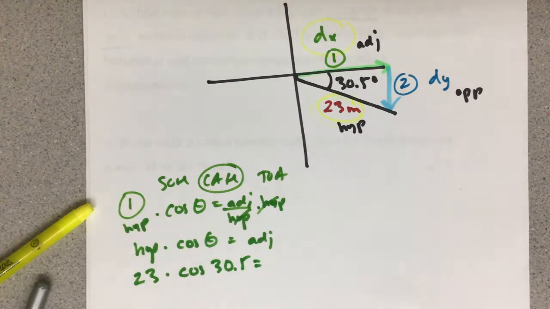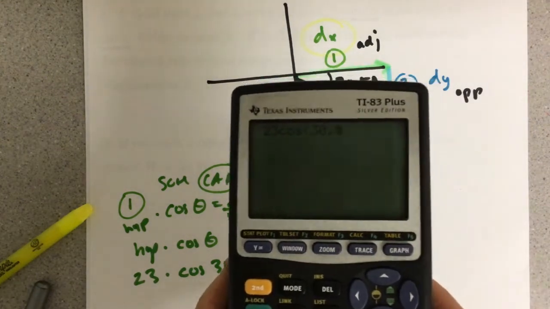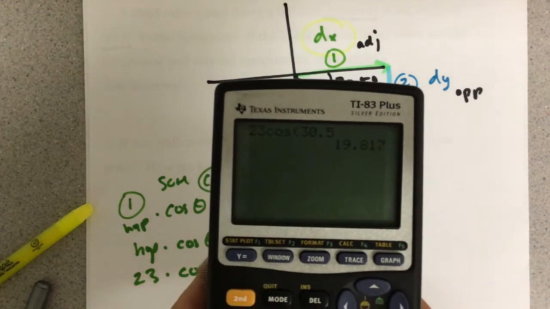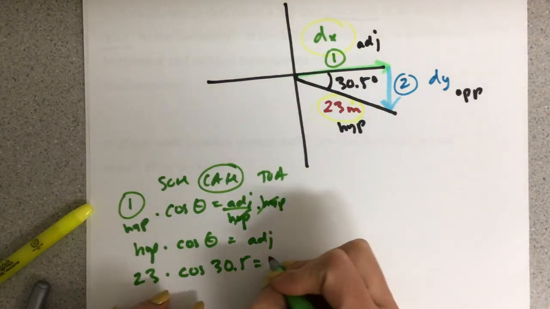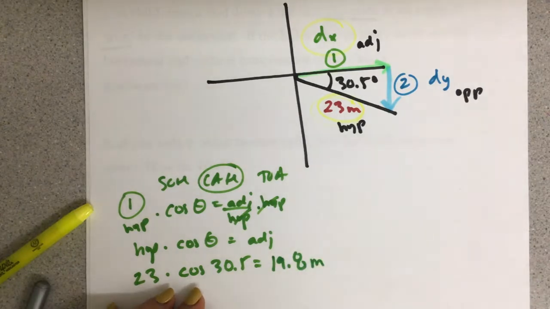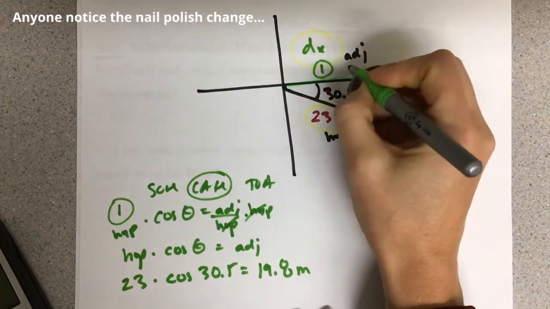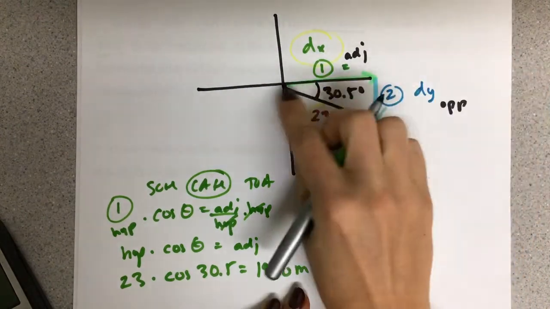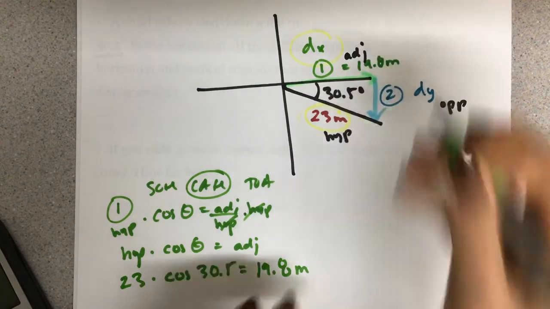And you want to make sure you're in degree mode here, that's going to get me 23 times the cosine of 30.5, and I get 19.8. 19.8, and we're talking about meters here. Okay. So where does this go? The distance on the horizontal, or the x-axis right here, is going to be 19.8 meters, all right?